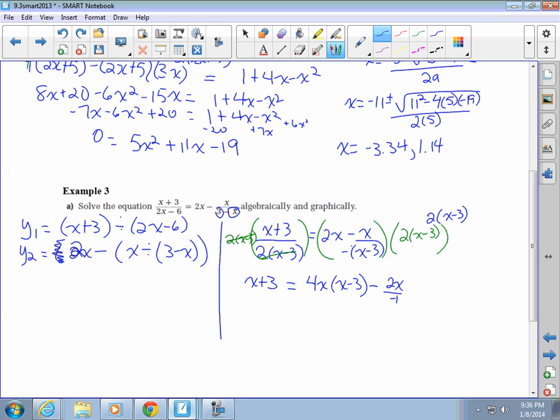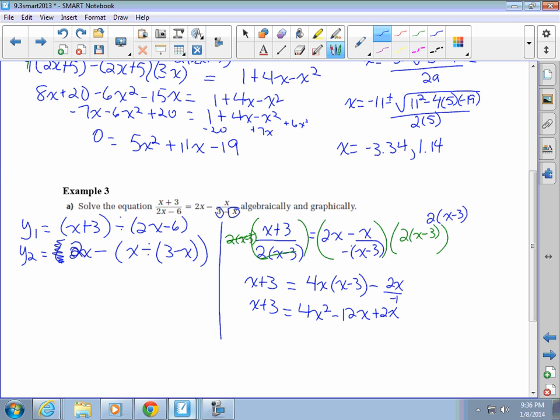And you'll see this is going to change my negative divided by a negative there. So what I have is x plus 3 is equal to 4x squared minus 12x, because 4x times 3 is negative 12x, and this becomes plus 2x.